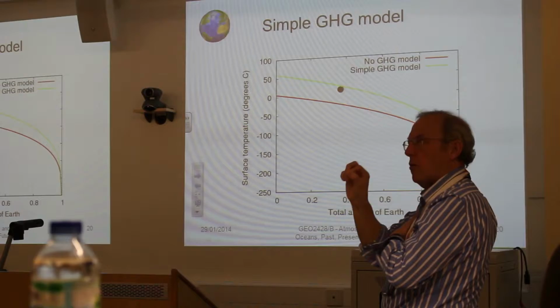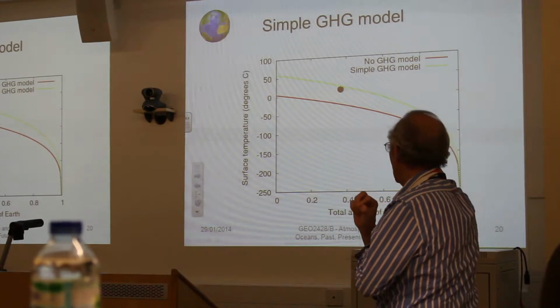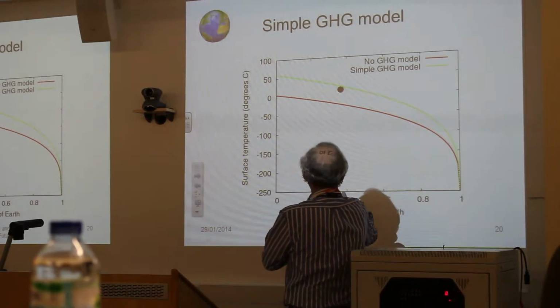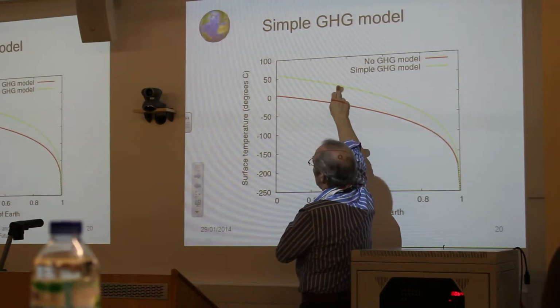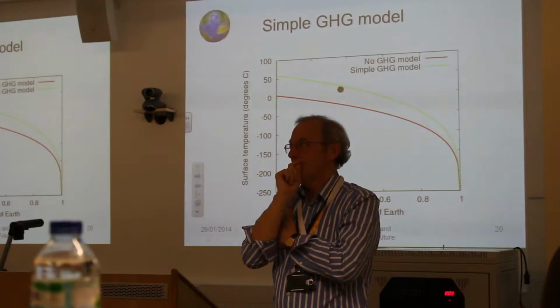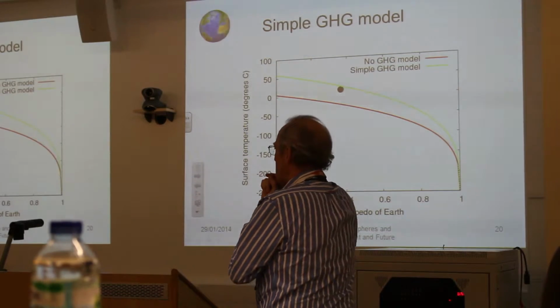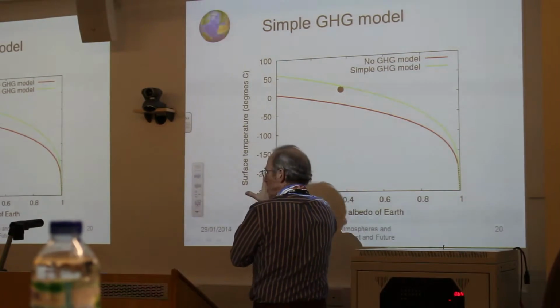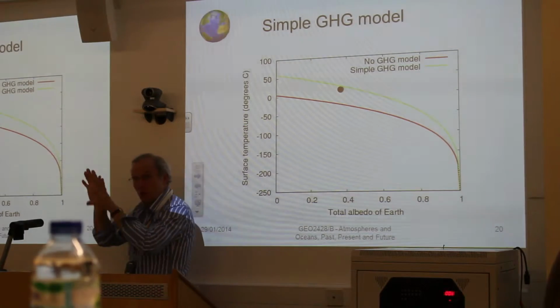It's still not explaining everything. But at the moment, for the total albedo of the Earth around here, this is what we'd expect the temperature to be. It's about right. So it's still a very simple model, but it's just added another bit to it.